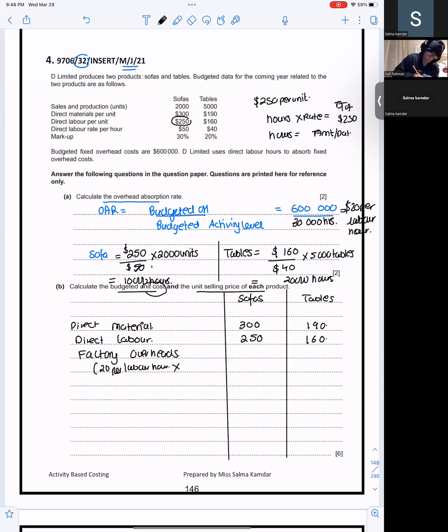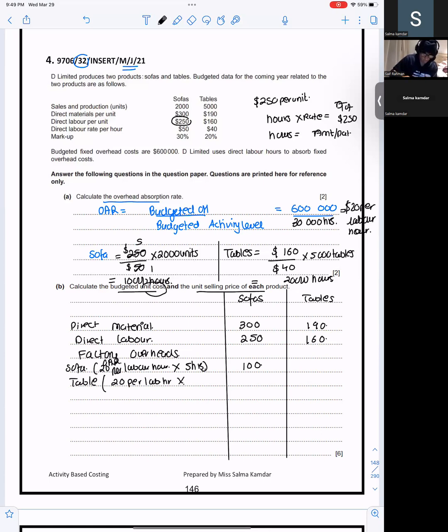We need 5 hours per unit, we have to calculate now. This is OAR. So for sofa, it would be 100. And for tables, what is the OAR per hour? 20 per labor hour.